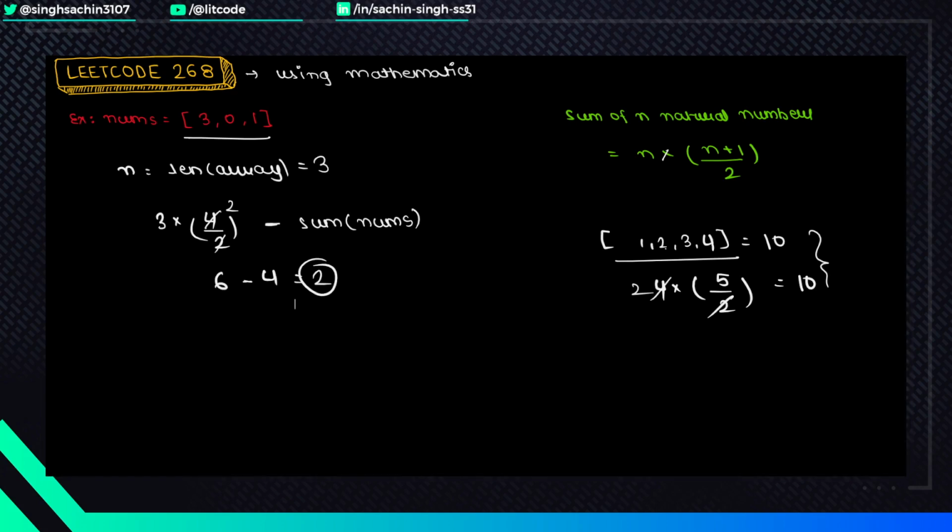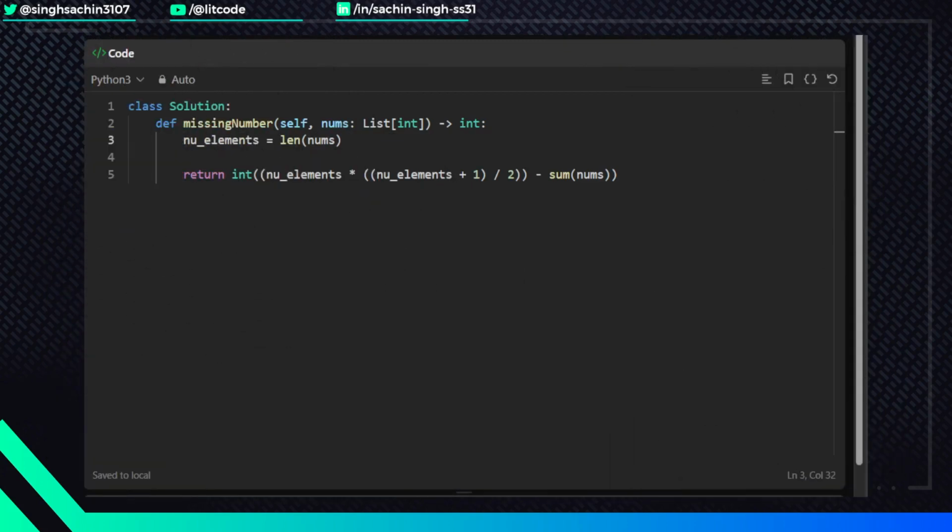Let's check out the code for the same, and it's going to be very simple code. As you can see, what we're doing over here, I have figured out the number of elements in the given array, and we will be using that to calculate the formula of sum of n natural numbers.